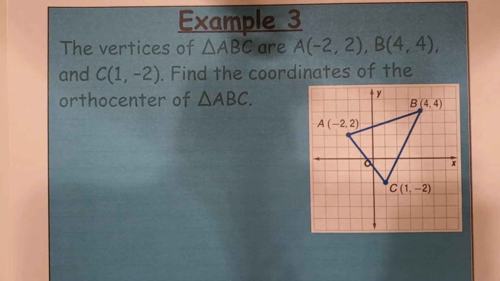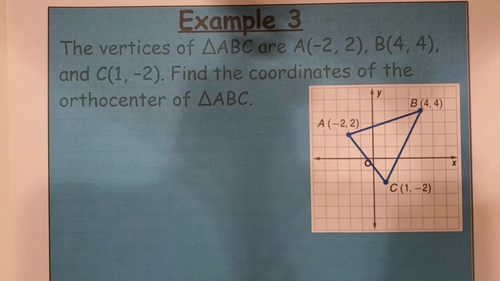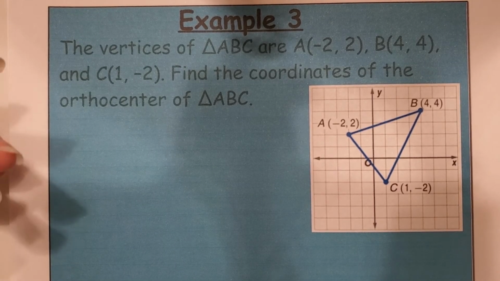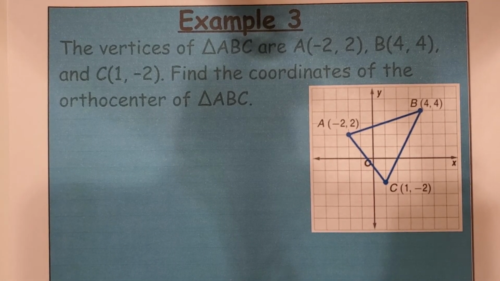Okay. So now we're going to switch things up a little bit because we're talking about orthocenter. We're talking about altitudes this time. So we don't have anything being bisected. We just have some stuff that's perpendicular. So we're going to deal with slopes and then opposite reciprocal.